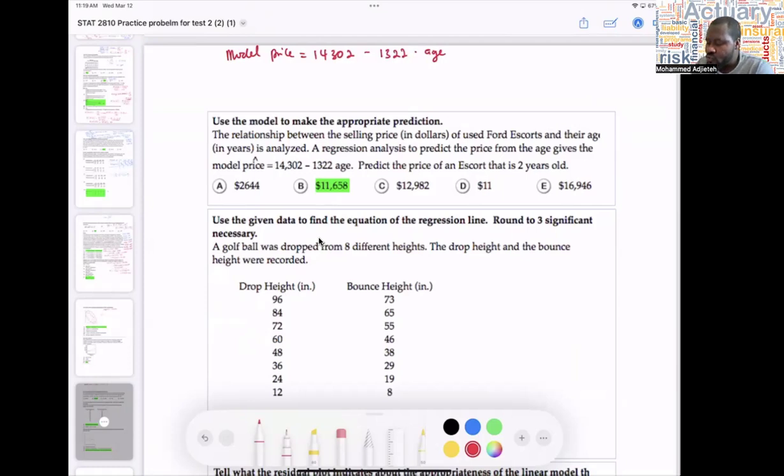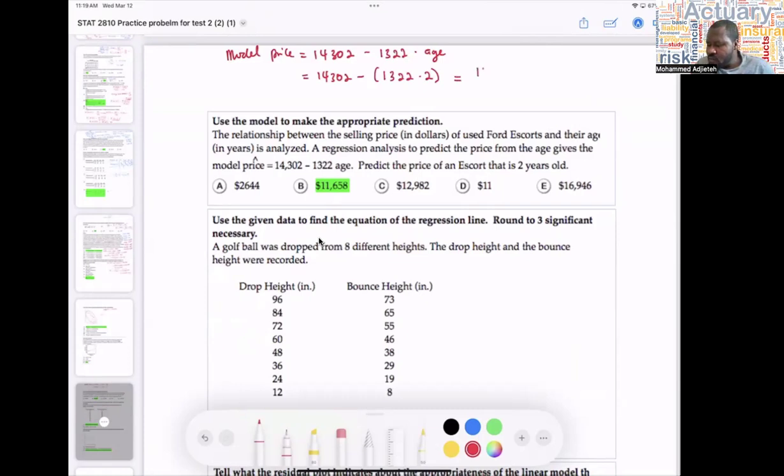So if you want to predict the price of an Escort that is 2 years old, all we need to do is 14302 minus 1322 times 2. Let's use our calculator to do that. 1322 times 2 gives us 2644.